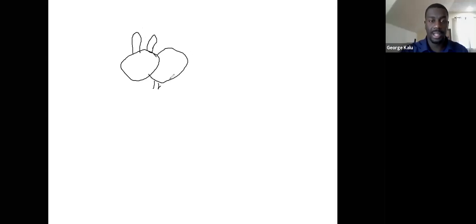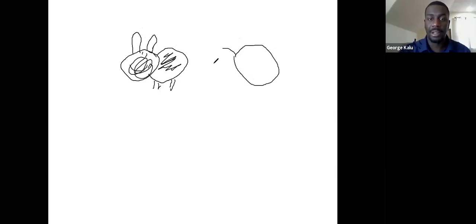And here's its legs. So this is a black rabbit here. Black rabbit. Black rabbit. And then let's say in this population we also have a population of white rabbits.